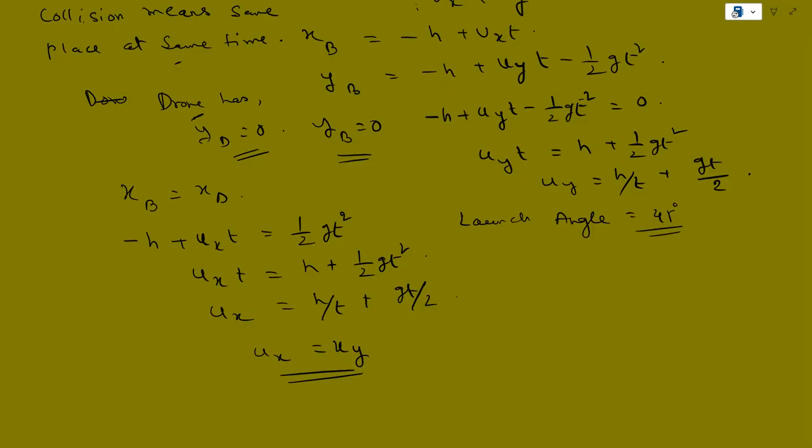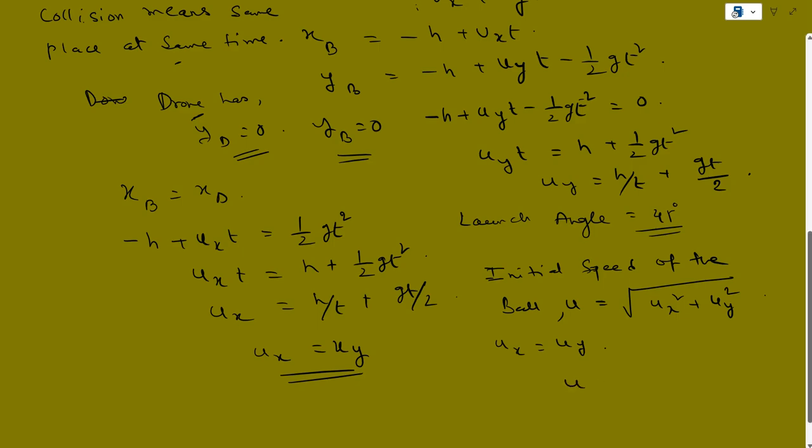Now, what is the initial speed of the ball? This is u equal to root over u_x squared plus u_y squared. Now since u_x equal to u_y, we get u equal to root 2 u_x, right?